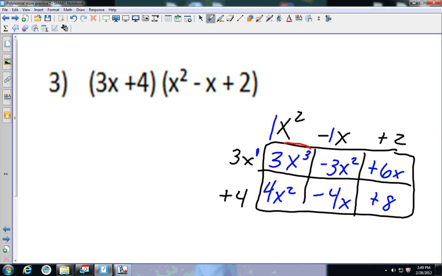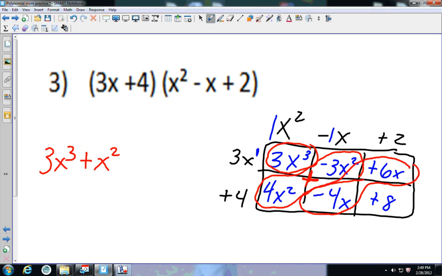Okay, I've only got 1 cubed, so it's 3x to the third power. Put your x squareds together, 4 minus 3. We're adding them together, but I've got 4 and then plus negative 3 is just x squared. Then I have 6x minus 4x, which is plus 2x, and then I've got 8 plus 8.